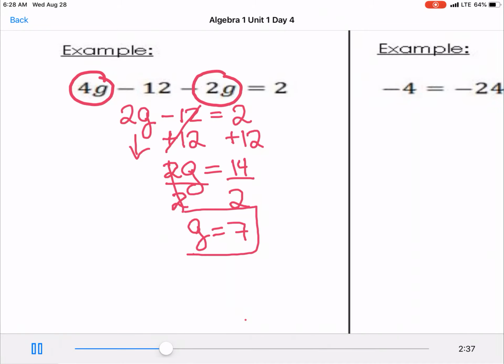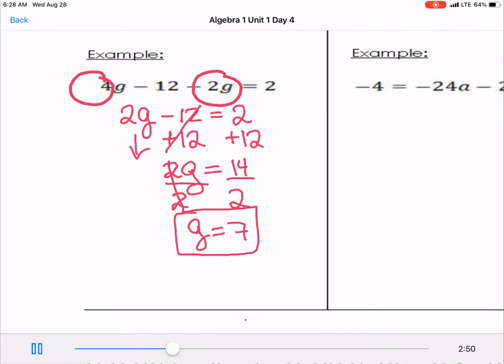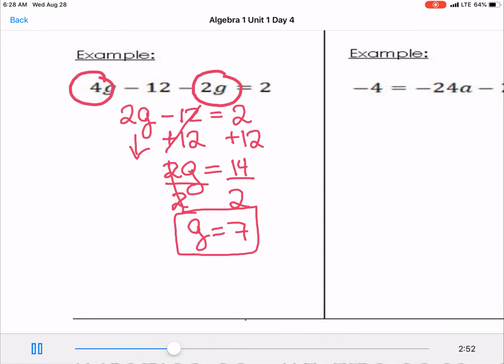So when we have the variable equal to a number, we have only one solution. So for this equation, the type of solution is one solution.